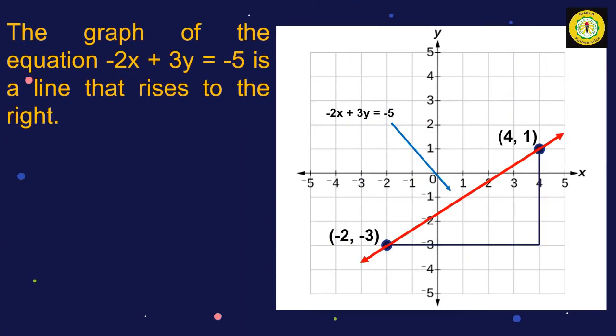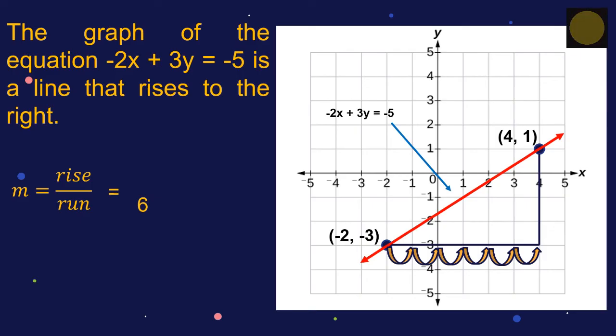The graph of the equation negative 2x plus 3y equals negative 5 is a line that rises to the right. Yung kanina nating example, it rises to the left. So find the slope of negative 2x plus 3y equals negative 5. Start tayo sa (-2, -3). So 1, 2, 3, 4, 5, 6. So we have 6.